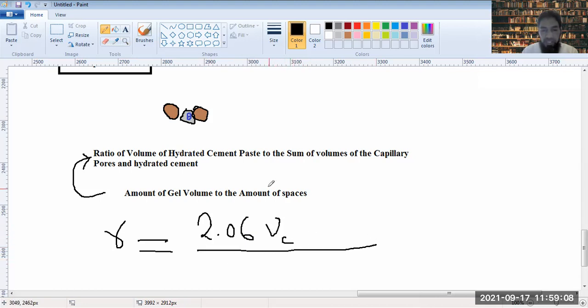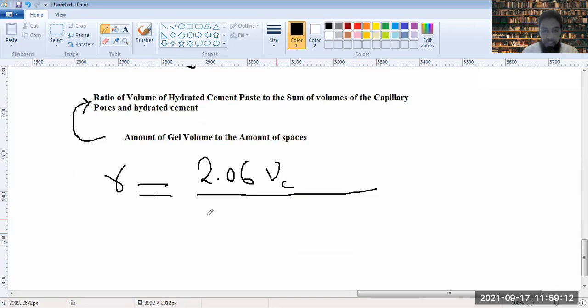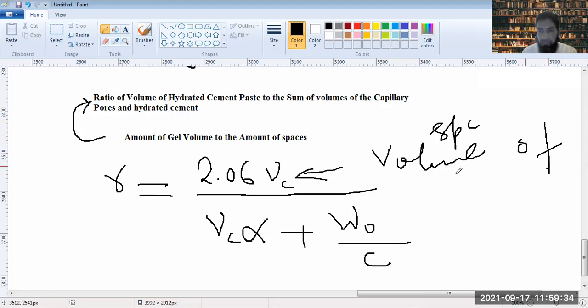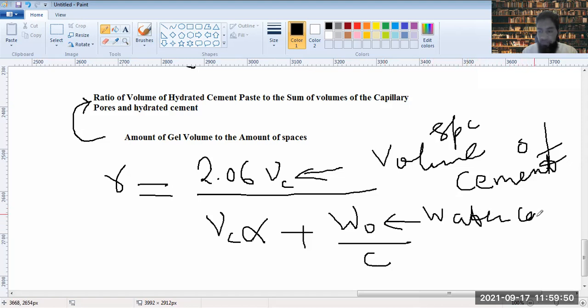It's equal to 2.06 Vc, which is the volume of the gel, divided by Vc into alpha plus W0 by C. Here Vc is the specific volume of gel or of cement. W0 by C is the water cement ratio.